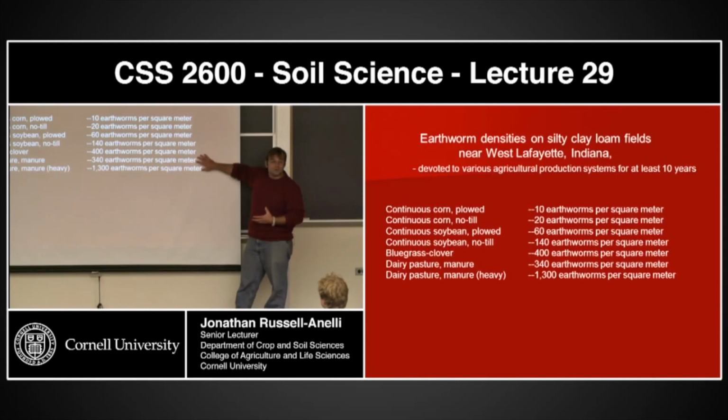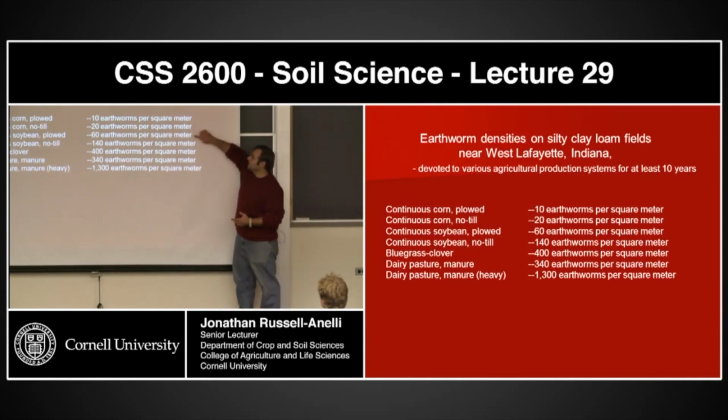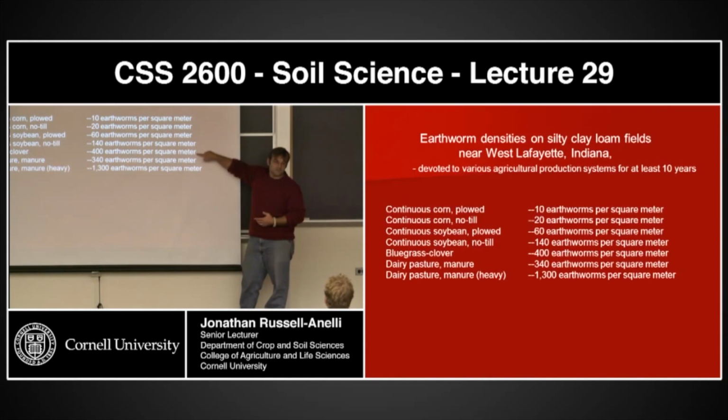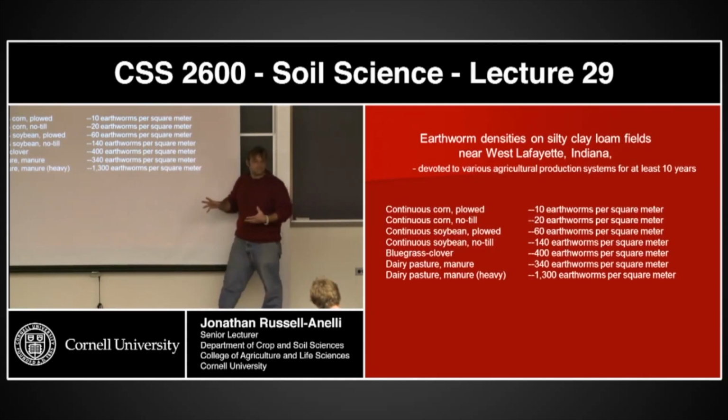They like manure, and they also like the no-till. Okay? But even in the no-till system, the earthworms here in the bluegrass clover mix, they're certainly higher than this. So there's a lot of things going on that affect their distribution. Certainly feedstock, certainly disturbance, certainly the type of feedstock and the amount of feedstock. Make sense?